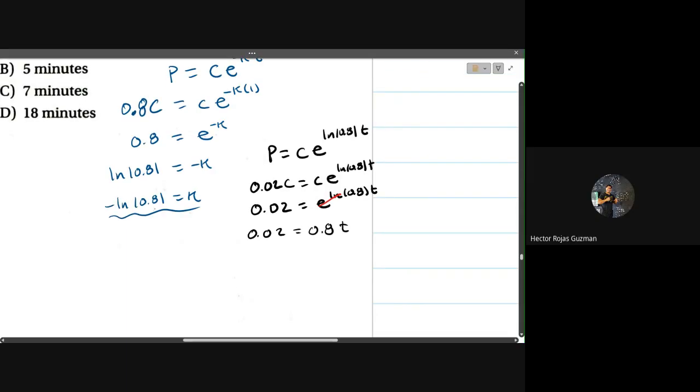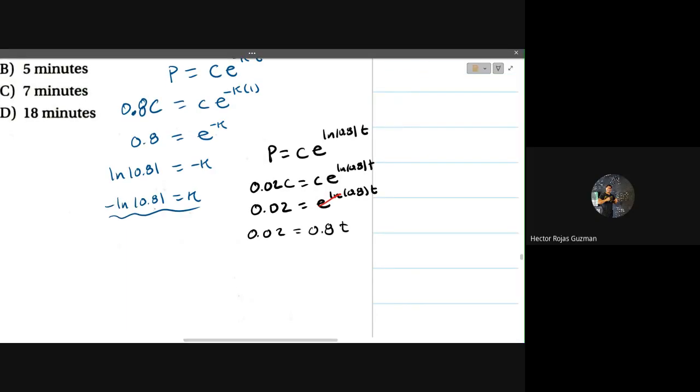Sorry, just kidding. They don't, because the T would be in the way. Yeah, they don't. I was like, wait, I'm not going to get the answer like this. No, we've got to take the natural log on both sides.